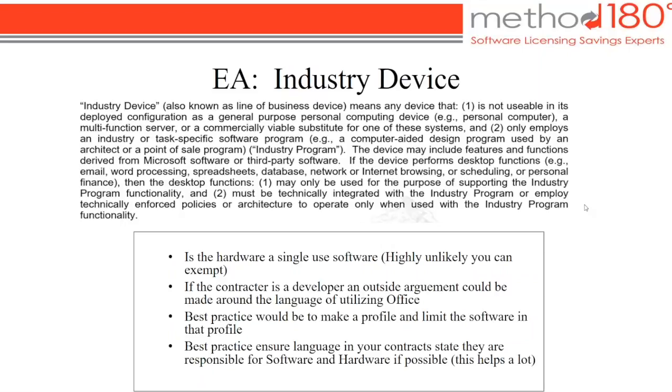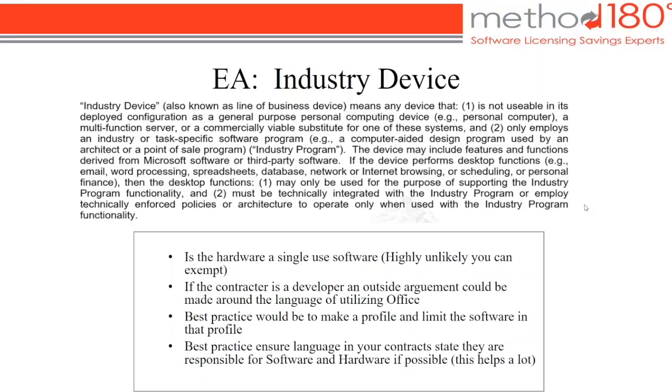But that's like one scenario. Most of the time, if you've got offshore developers, you may be able to make an argument that they're just doing development, but it would be hard to prove that they're not using Office to send email, for instance, out of Outlook. So this is how you start to remove contractors from your contract, or to say we have to license them.